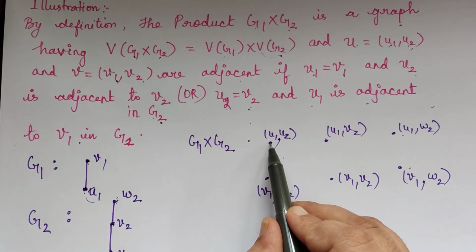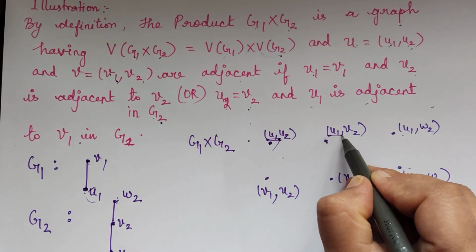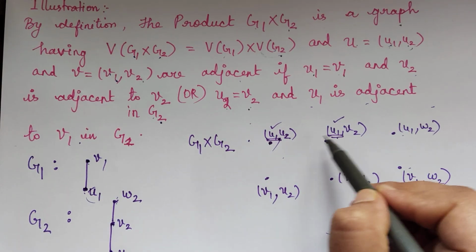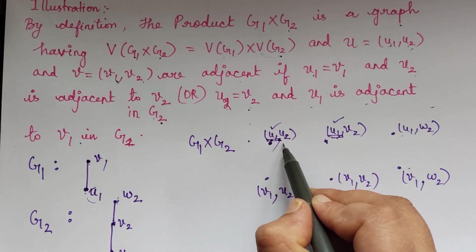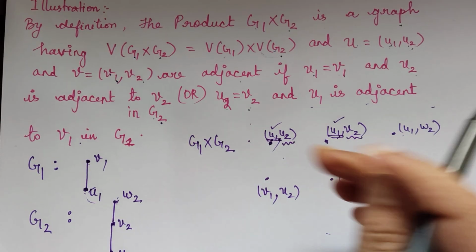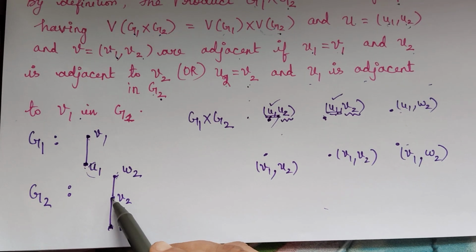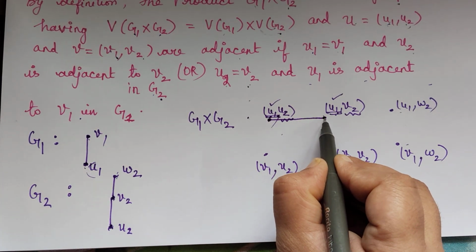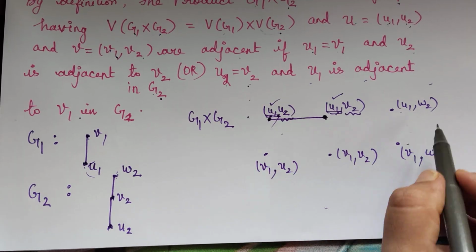For example, take these 2 points. If you see u1, here also u1, so these 2 points are equal and we have got the equality condition. Now we have to check whether u2 is adjacent to v2 in this graph. If you check, u2 is adjacent to v2, so immediately you draw an edge between these 2 points. That means they are adjacent in this new graph also.